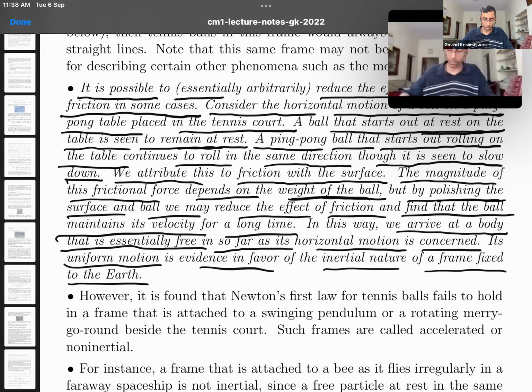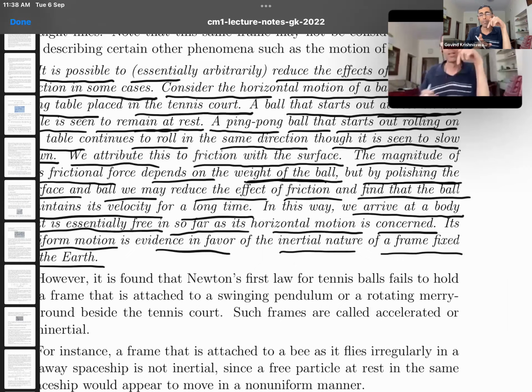In other words, we have basically cancelled out the effect of gravity. Gravity points downwards, but the table exerts a normal reaction force on the ball, and that balances gravity so that there is no motion in the vertical direction.